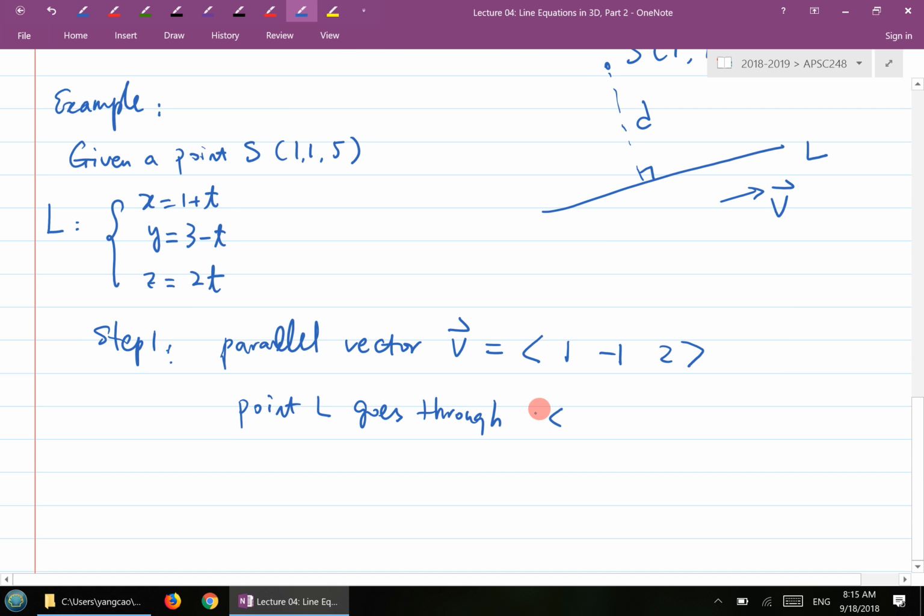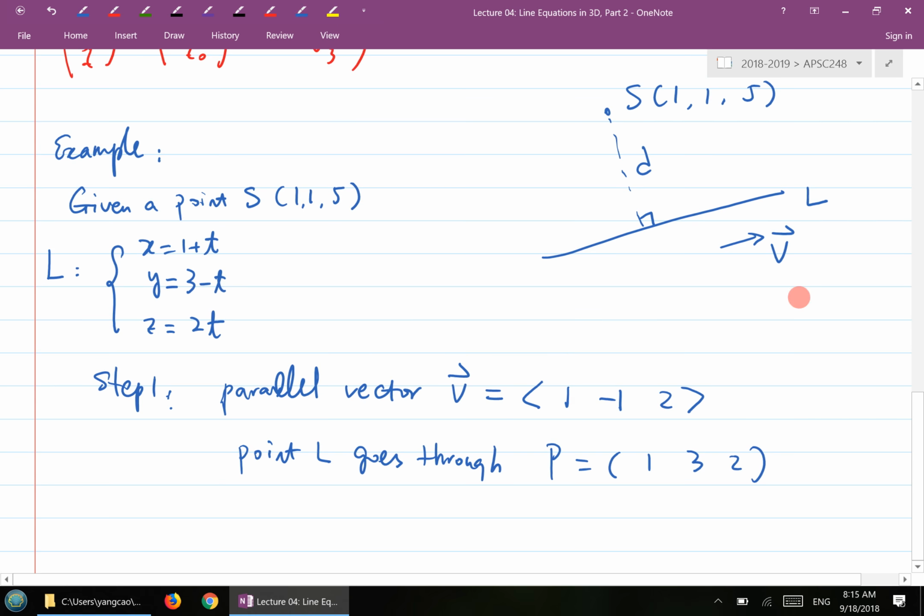So I'll call it P naught, or just call it P, and that equals 1, 3, 2. We don't know exactly where it is, but you can always write down this point P. Yes? 1, 3, 0, exactly. Thank you.